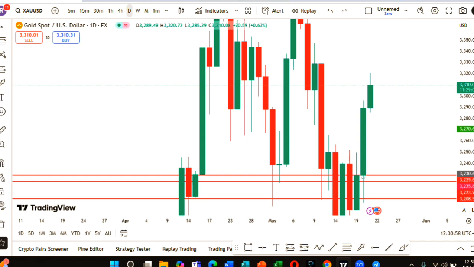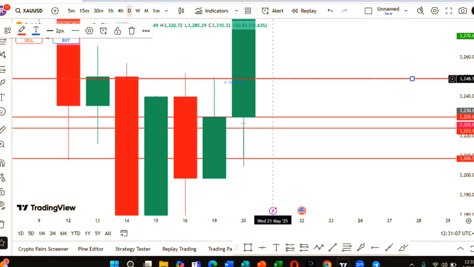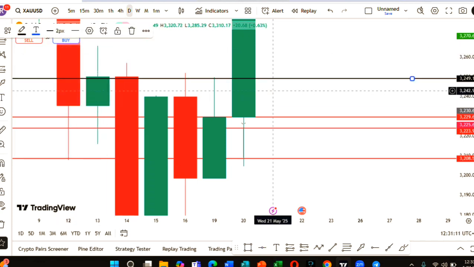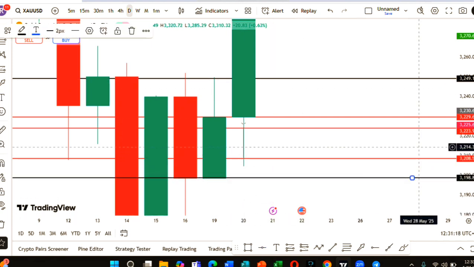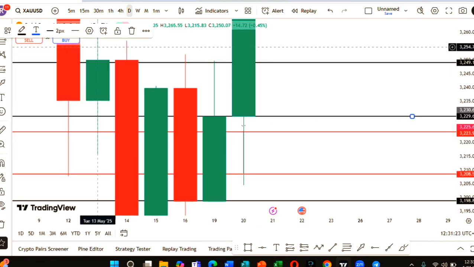This is the high, let's mark it as a black line. This is the high of the previous day's candle, and this is the low. Here is the close of the previous day's candle. It was a bullish candle, of course.